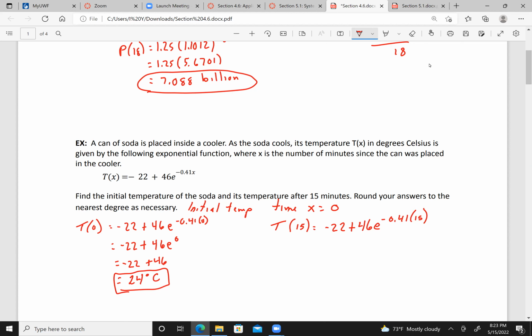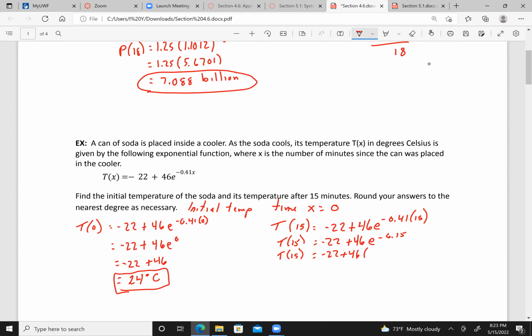So bringing everything down, T of 15 equals negative 22 plus 46 e to the negative 6.15.